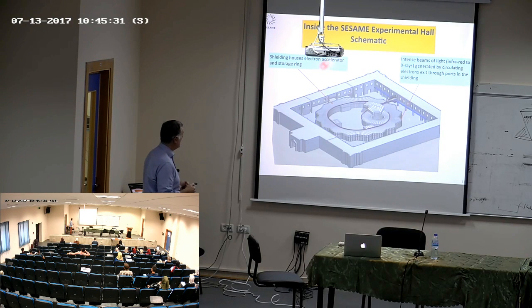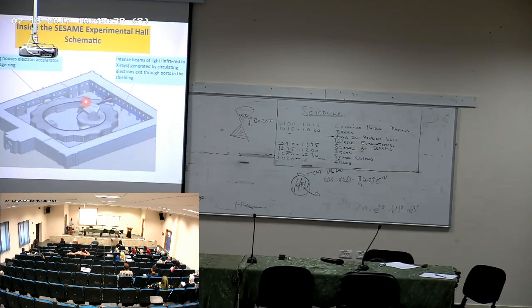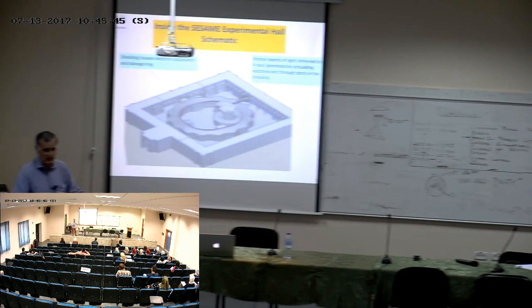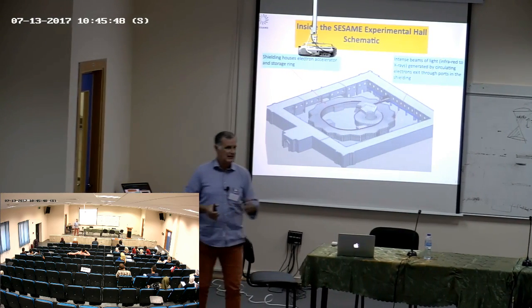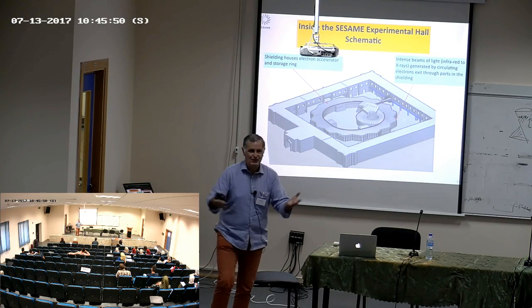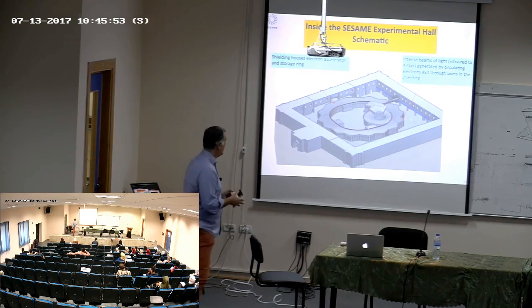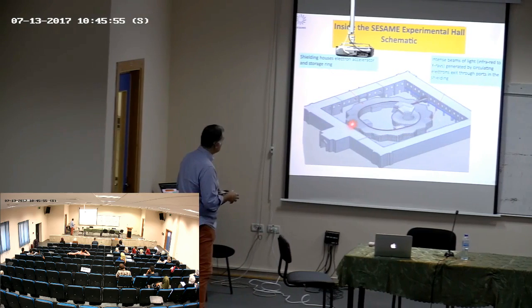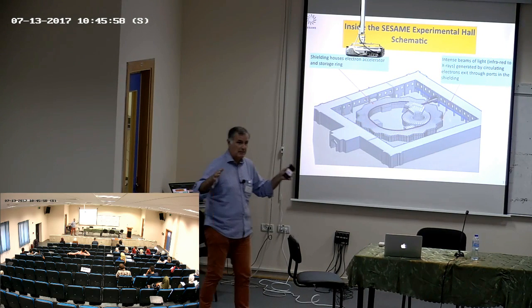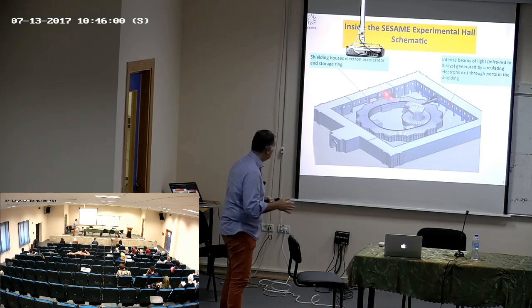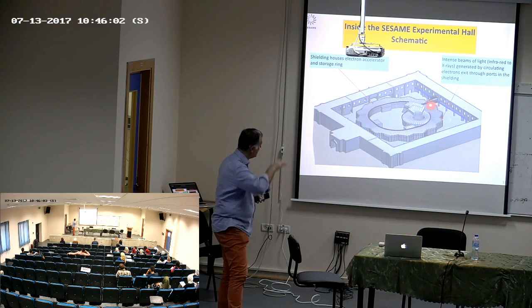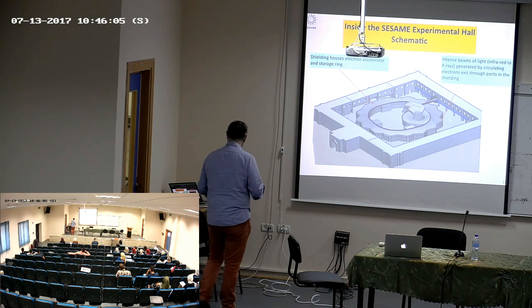The building looks like that. As I said, it's a square one. This is the shielding, because of course these accelerators produce radiation. Actually, they are built to produce radiation, but you don't want people to be exposed to radiation for obvious reasons, because radiation is dangerous. Therefore, the accelerator is surrounded by about 1 meter concrete, both in the plane, which is the most dangerous, and on the top.